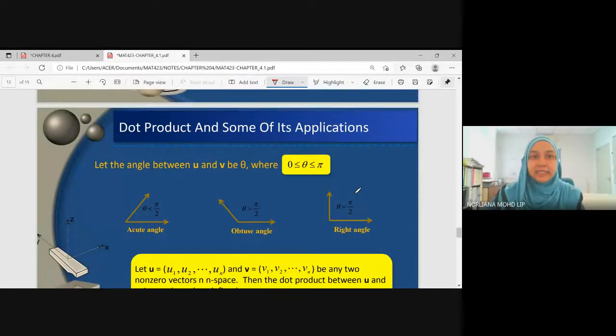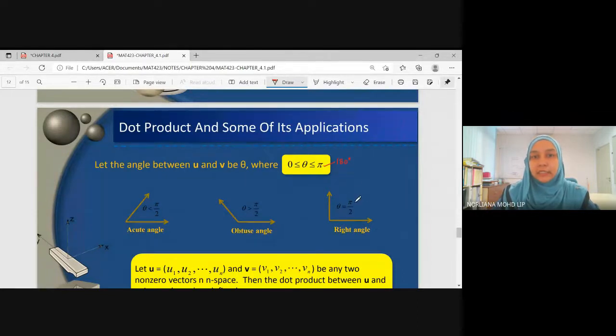Okay, next is the dot product and some of its applications. Okay, let the angle between u and v be theta, where theta is less than or equal to pi. Pi is 180 degrees, and greater than or equal to 0 degrees.